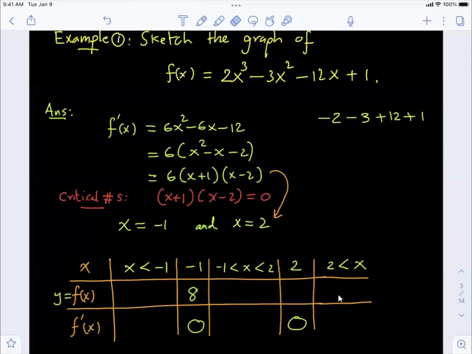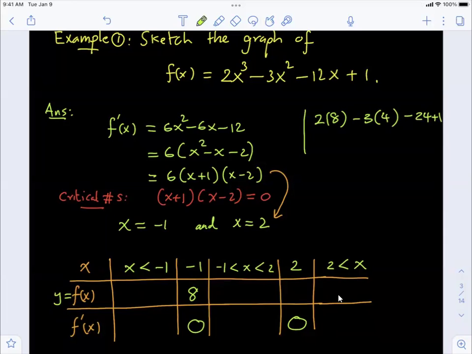The same practice for the other case. If you plug in x equals 2, what do you get? So do the computation in the original function. It is your computation, you do it. But let me do that for my information. I will get 2 cubed, that's going to be 8, minus 3 times 2 squared, which is 4, and minus 2 times 12, which is 24, and then don't forget plus 1.